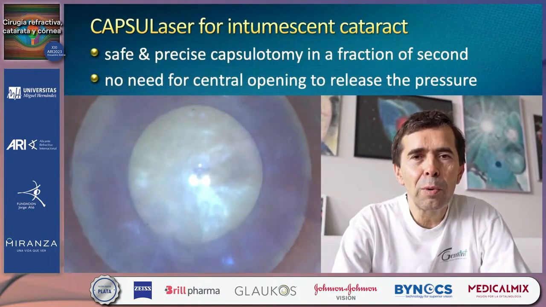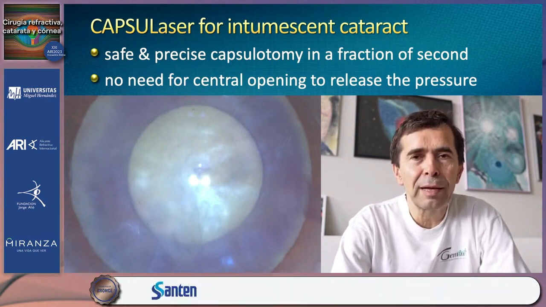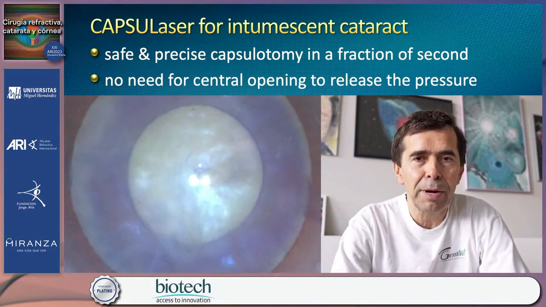Now I'm going to show a really interesting clinical case of CAPSULASER capsulotomy on an eye with intumescent cataract. You see how fast, safe and effective the capsulotomy in a fraction of a second is, and there is no need for a central capsular opening to release the pressure of such an intumescent eye.